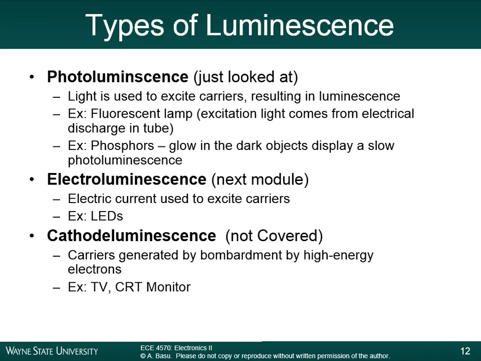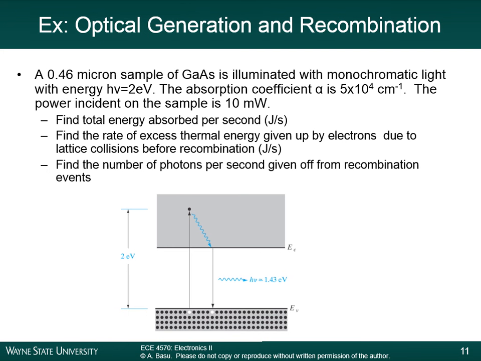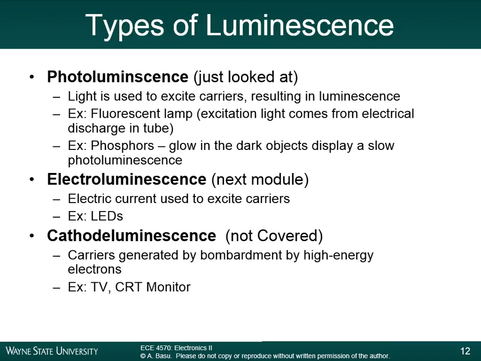Okay, in the problem that we did, the light had 2 electron volts of energy, and then the luminescence was coming out at how much energy? In the problem that we just did, 1.43 electron volts, right? Determined by the band gap of the material. So photoluminescence means that light is used to excite the carriers, and light is being emitted by the material.